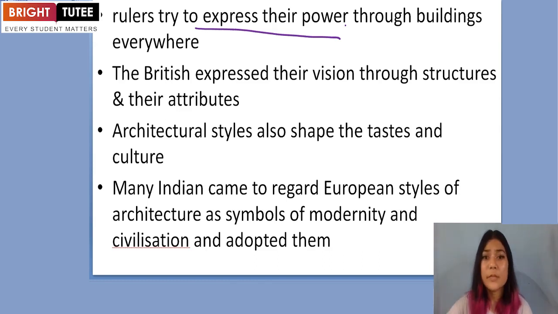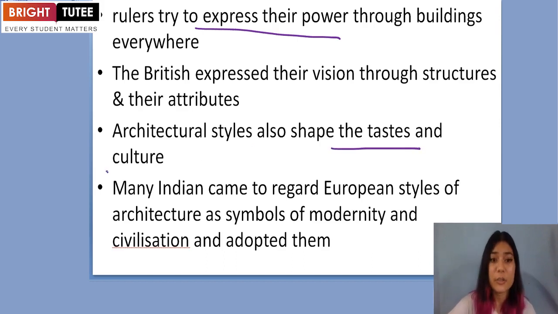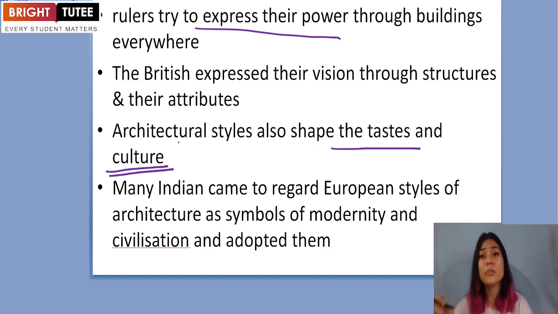That was their vision, expressed through the structures and the features. The architectural styles not only expressed the vision of the ones who ruled, but also the tastes and the culture followed by the rulers as well as by those who built them.